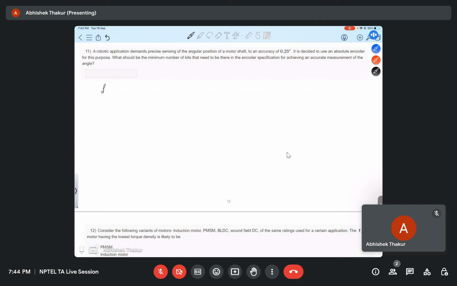Let's suppose n is equal to 10, the encoder has 10 bits. Now, the resolution is equal to 360 by 2 to the power of 10. So this will be 0.3516 degree.